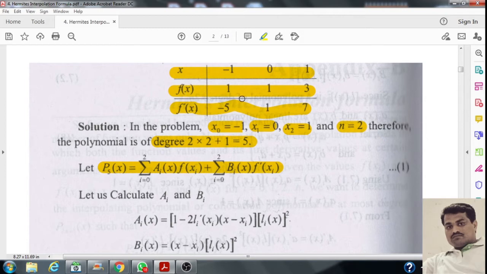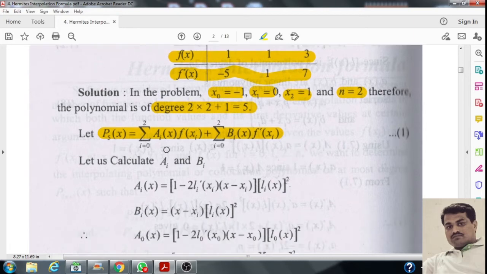From the second row we can find f(x0), f(x1), f(x2). From the third row we can find f'(x0), f'(x1), f'(x2). Hence we can easily find f(x_i) and f'(x_i) from the given table. The only part is to determine the values of A_i(x) and B_i(x).